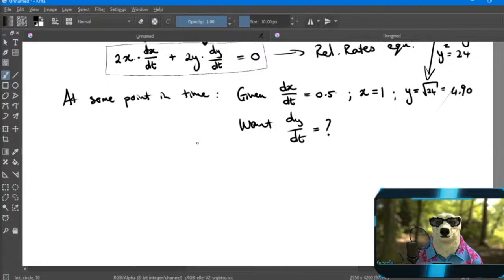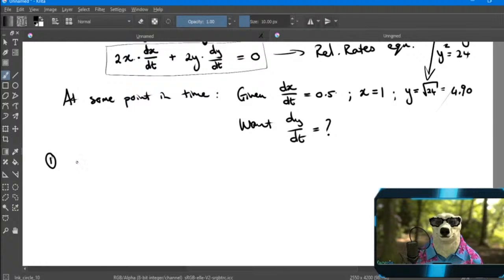This is where you have two options. One option is, and it's not a right or wrong, it's just a matter of preference, to solve for your unknown in the related rates equation first, which is dy dt.